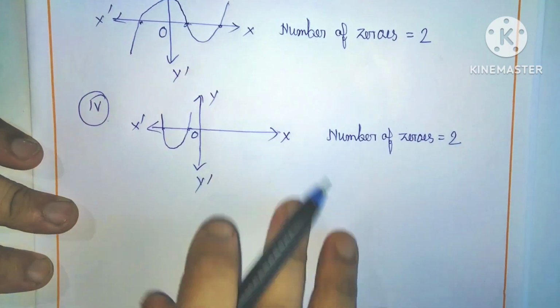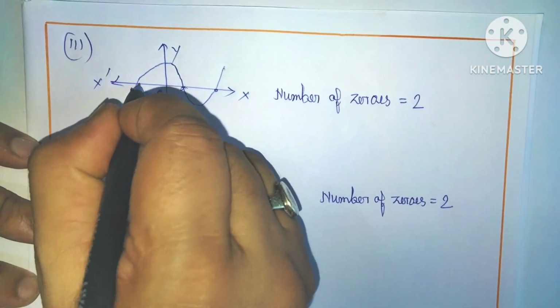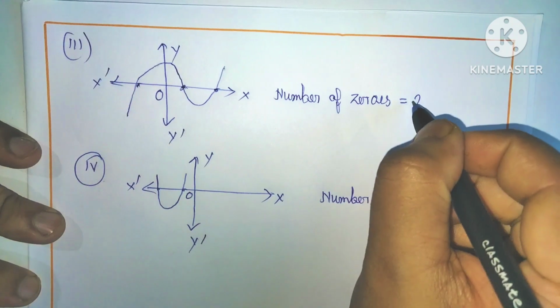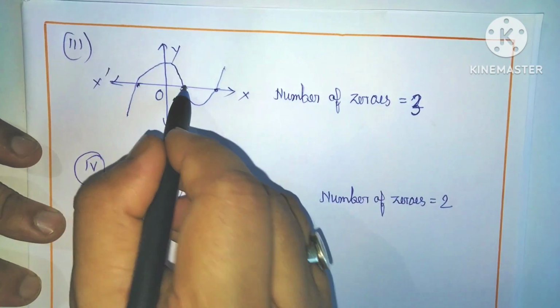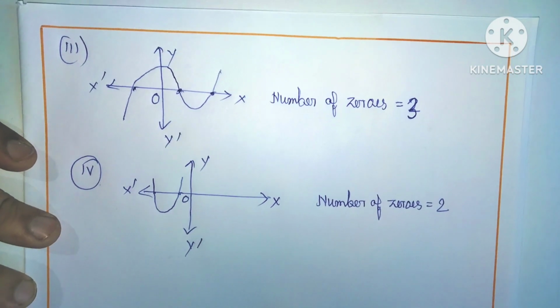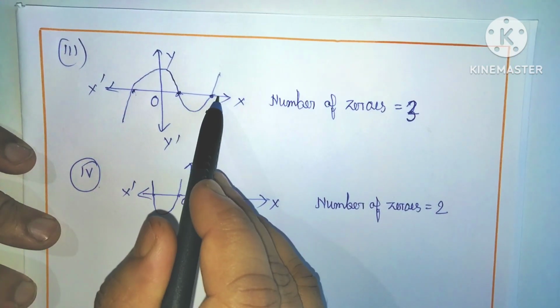This graph intersects the x-axis at 3 points, 1, 2 and 3. So the number of zeros is 3.